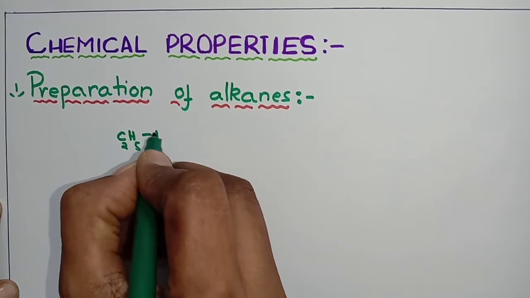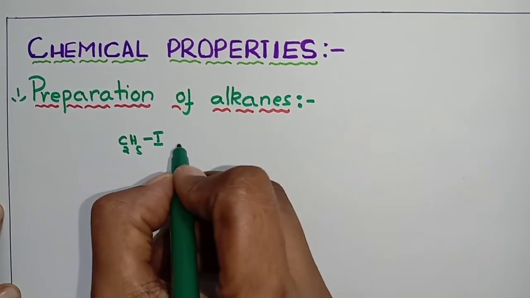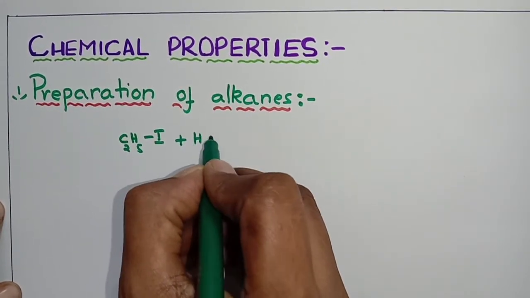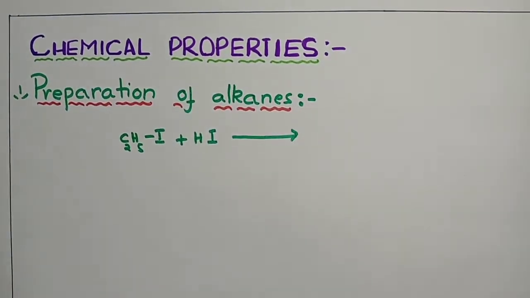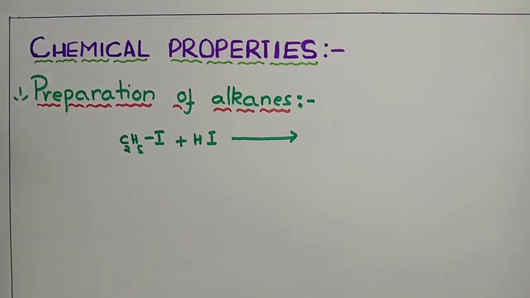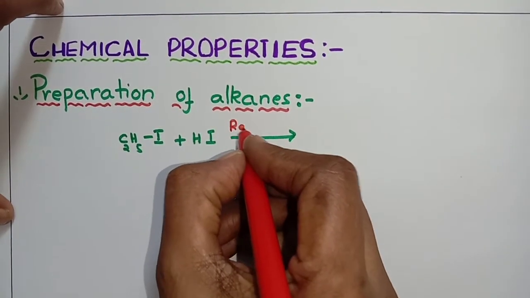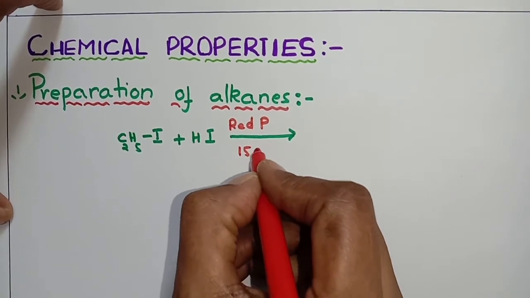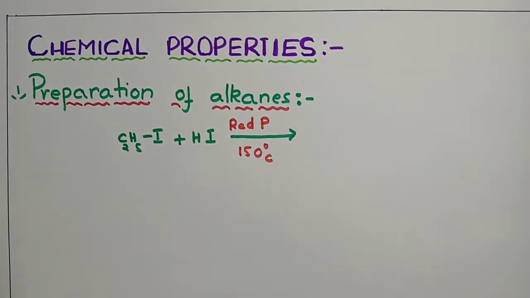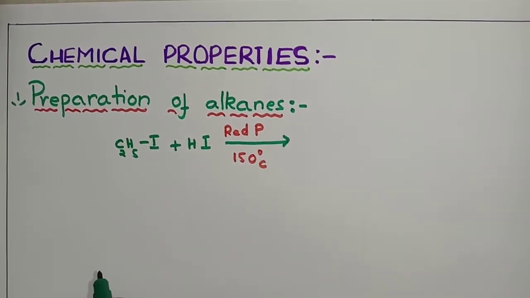Taking C2H5I, that is ethyl iodide, plus hydrogen iodide in the presence of red phosphorus, and when it is heated up to 150 degrees centigrade, what happens students?